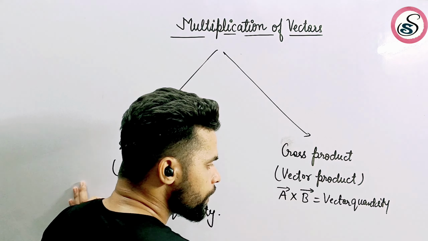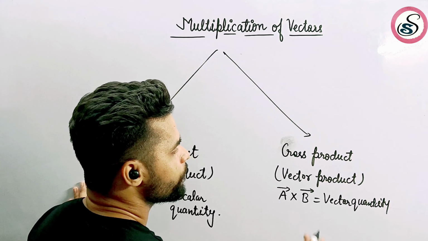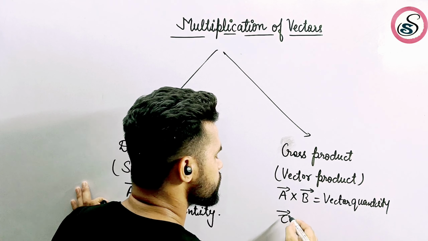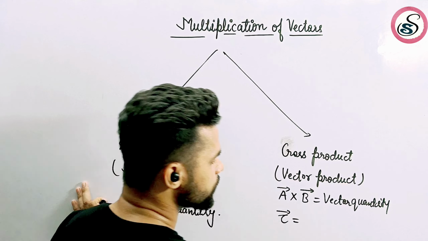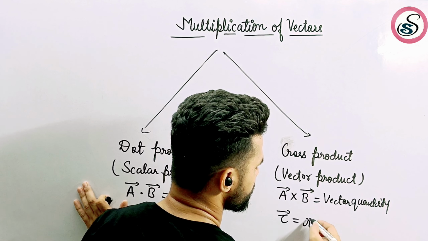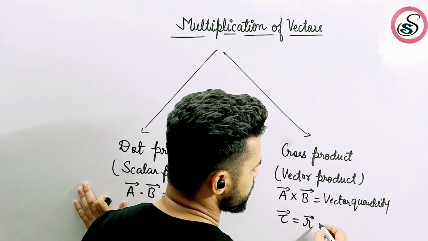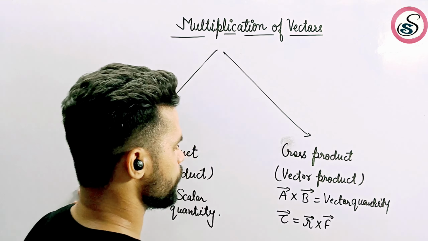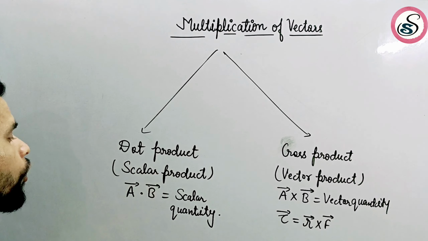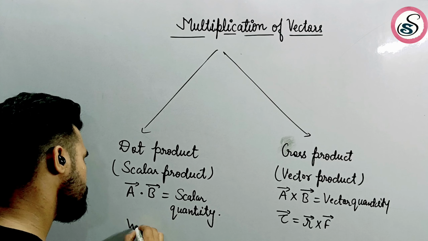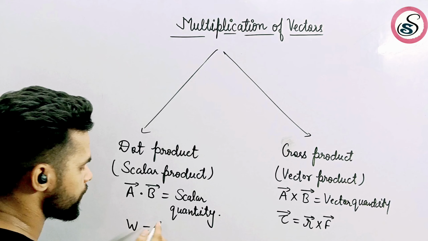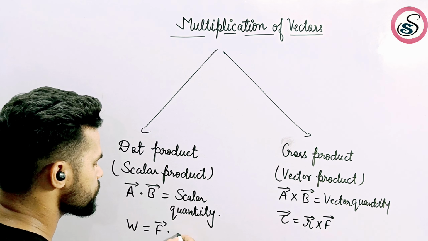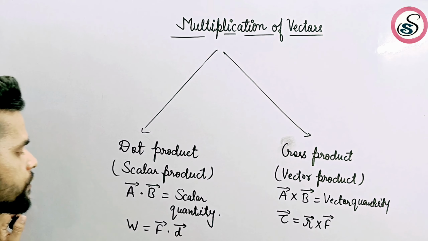Okay, an example of cross product is torque, which is a vector quantity and is the cross product of position r vector cross force f vector. And the example of dot product is work done, which is a scalar quantity, equal to the dot product of force and displacement.